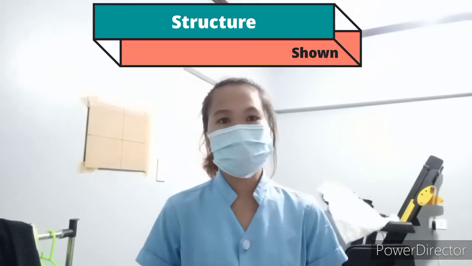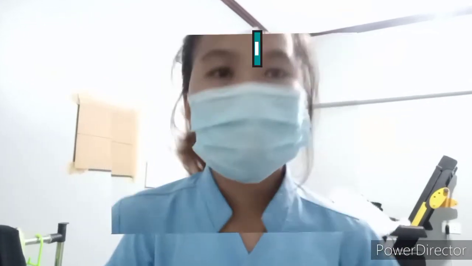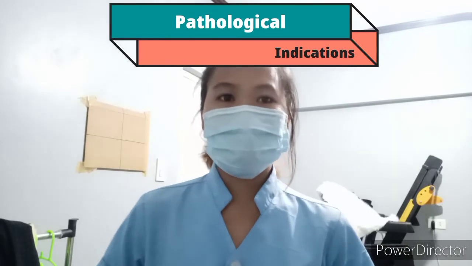Okay, structures shown in this projection: it will demonstrate the four paranasal sinuses, which are the frontal, ethmoid, sphenoid, and the maxillary sinuses. So the clinical indication is this projection is helpful in assessing fractures or inflammatory processes to facial bones, orbits, and paranasal sinuses.